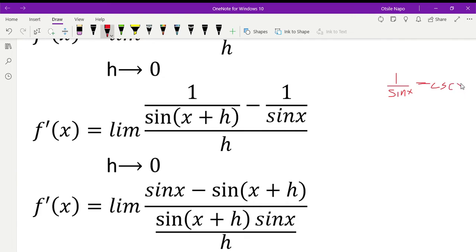Because when you are given a cosec and you need to derive it, you will actually need to convert it into 1 over sine to make it simpler for you to solve.